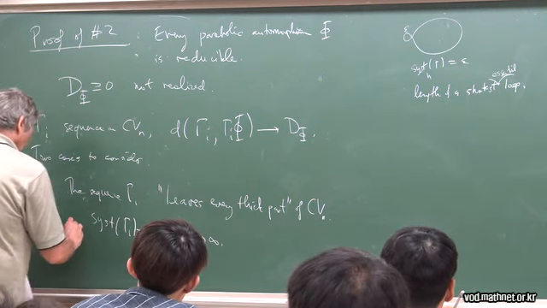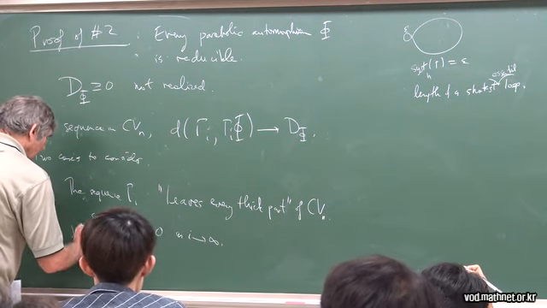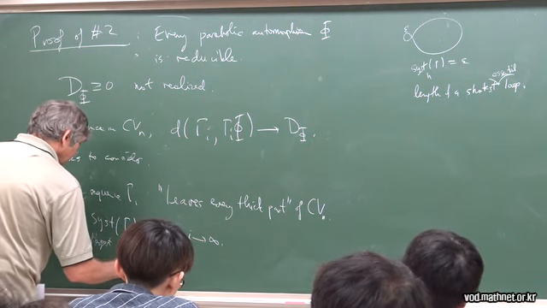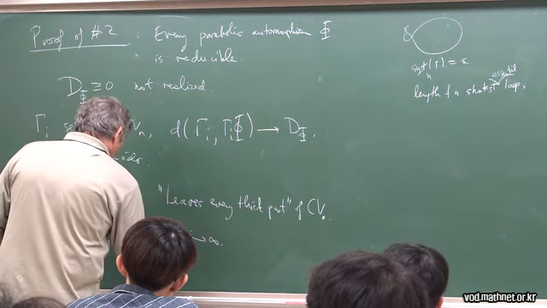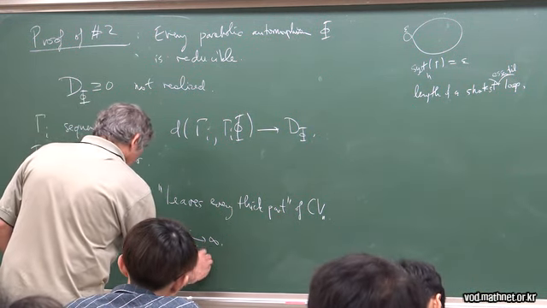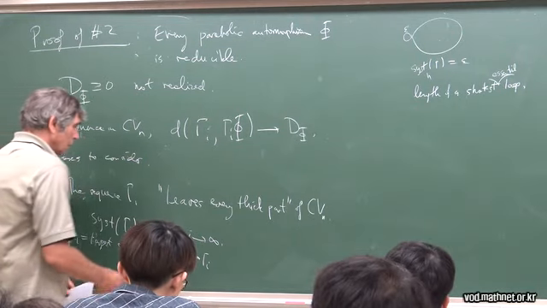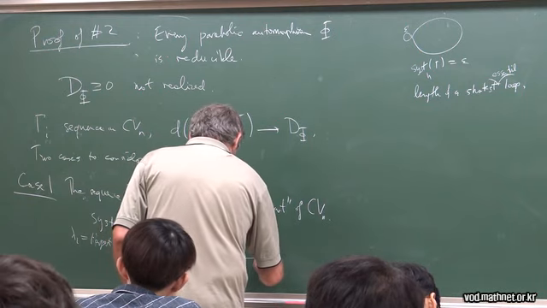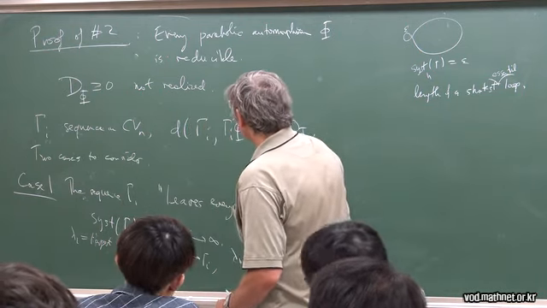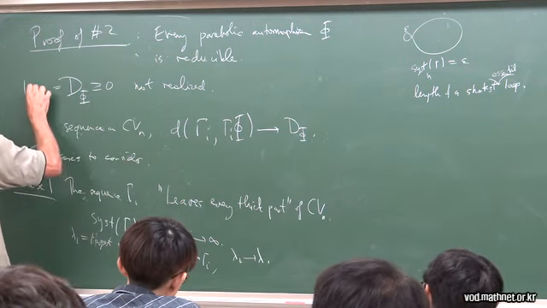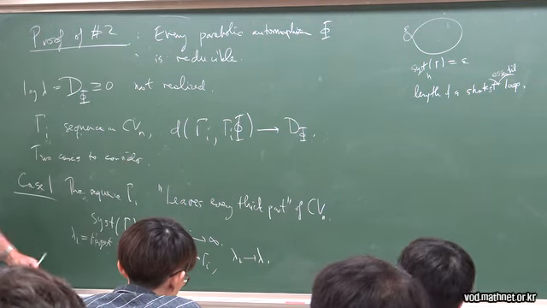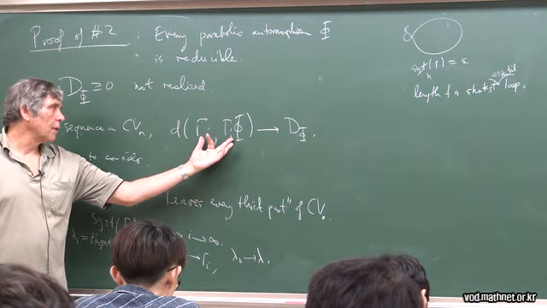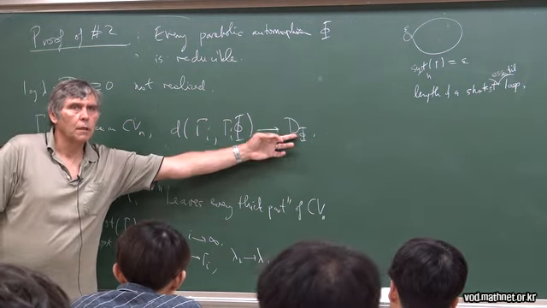Okay, so let's say lambda i is the largest slope for f i from gamma i to gamma i, representing f, and we know that lambda i converges to lambda. This is d phi. I guess I'm calling it log lambda. That's the assumption here. I'm taking a sequence of gamma i's where the displacements converge to log lambda.